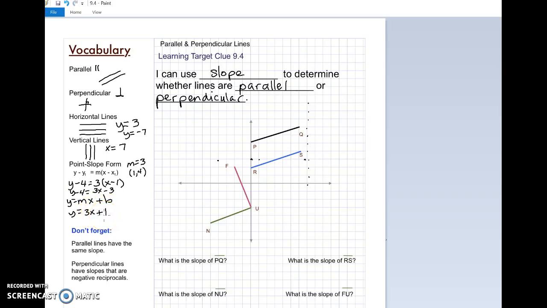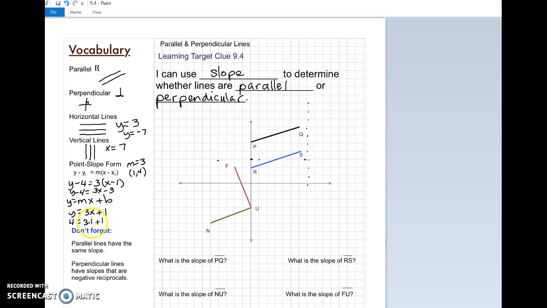And there I've just done it. I've created a line using the slope of 3, and the point (1, 4) is on the line. I can double check that by replacing the y with 4 and the x with 1. I can say 4 equals 3 times 1 plus 1, and it should become a true statement.